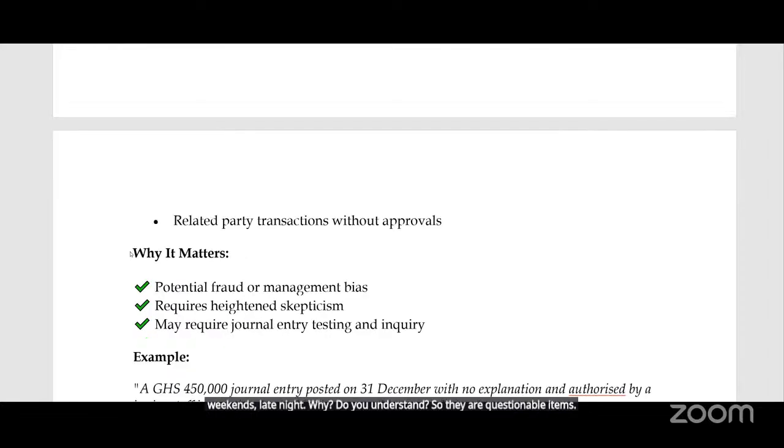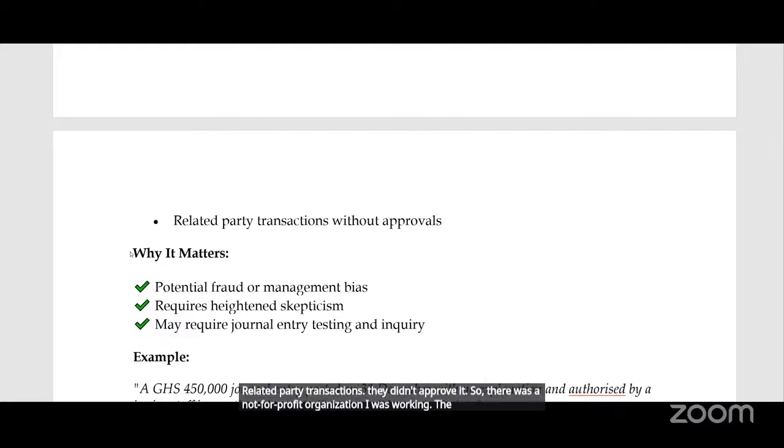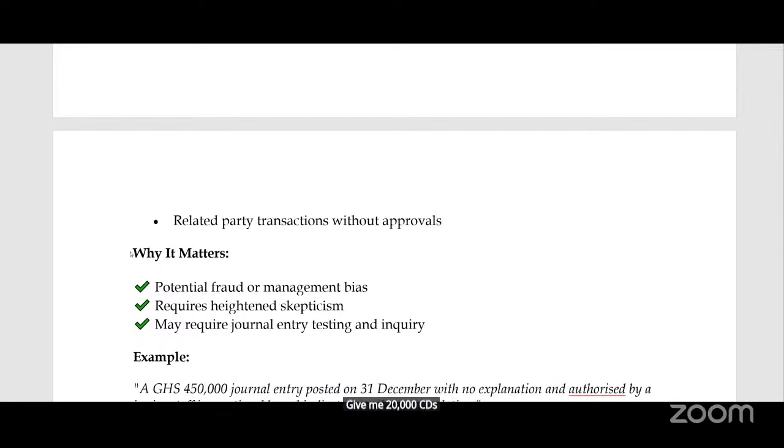Related party transactions, they didn't approve it. So there was a not-for-profit organization I was working with. The man of God will just come and tell you, oh, you know something? Give me 20,000 cedis. I want to buy minerals for my visitors. You tell them, daddy, we have to approve this, or you have to sign for me, my own money. Why do I have to sign? You say, okay, no problem.